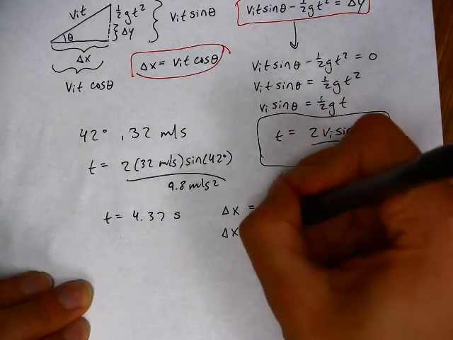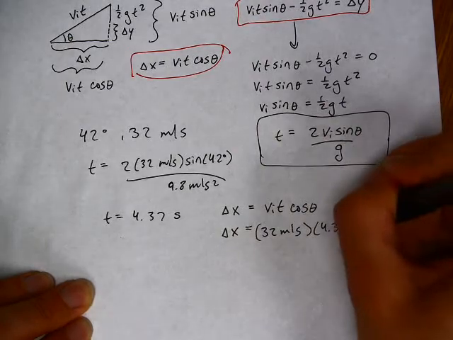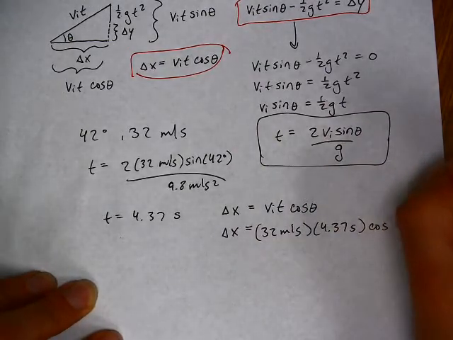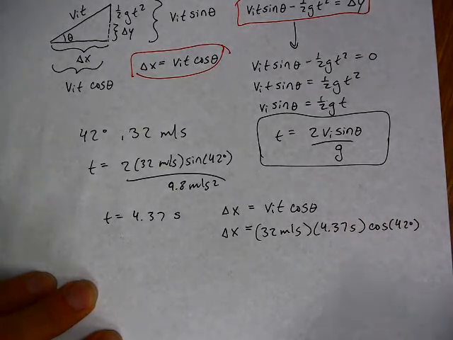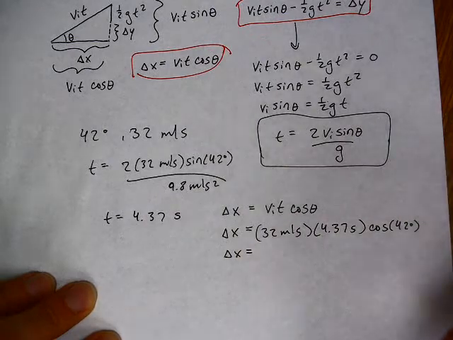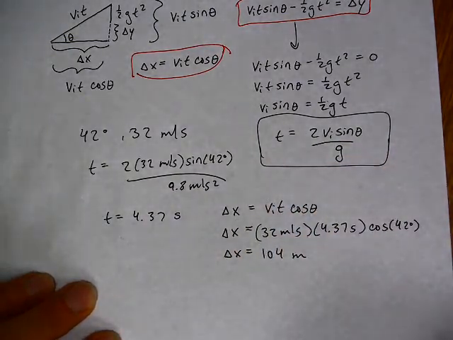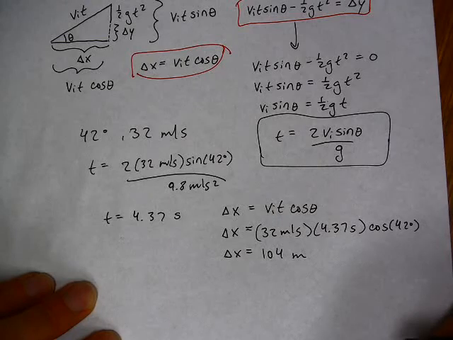So let's plug in 32 meters per second, 4.37 seconds, and cosine of 42 degrees. Delta x equals approximately 104 meters. That's the range of this object that was launched at 42 degrees at 32 meters per second.